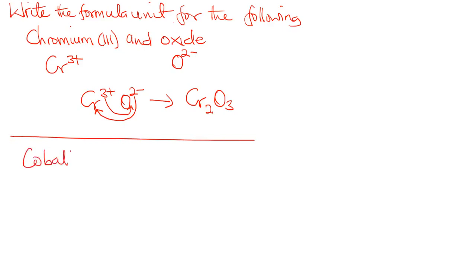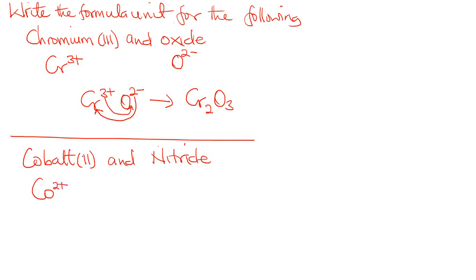Cobalt 2 and nitride. So here the symbol for cobalt is Co. The 2 tells us that we have Co2 plus.